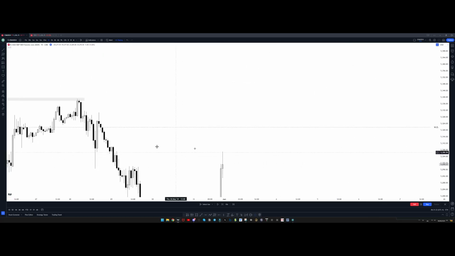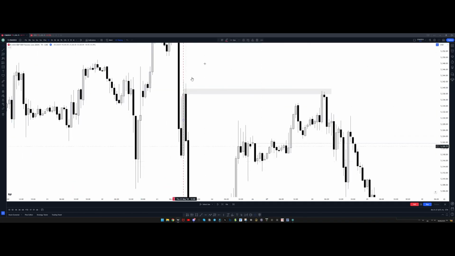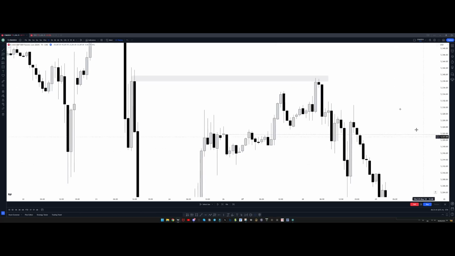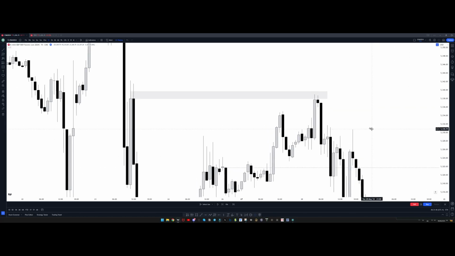No worries. Yeah. So if we look now, no doubt we're going to get some smart arse in the background saying, yeah, bro, it was a rejection block. It wasn't a rejection block. It wasn't the order block. It was the unicorn. It was the algorithmic price level right here, right?